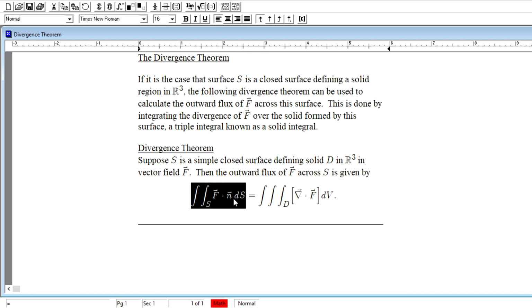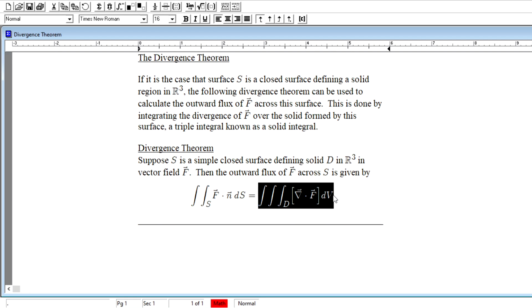To calculate this double integral over the surface, we're actually going to perform this calculation here, which is going to be a triple integral over that solid region D, performed with respect to the volume of D, for this quantity as an integrand, the del operator dotted with our field function F bar.